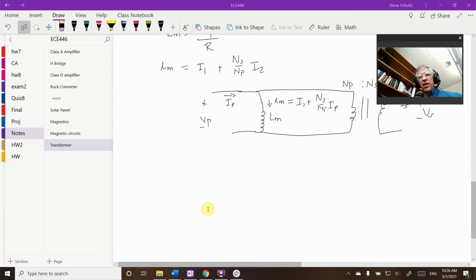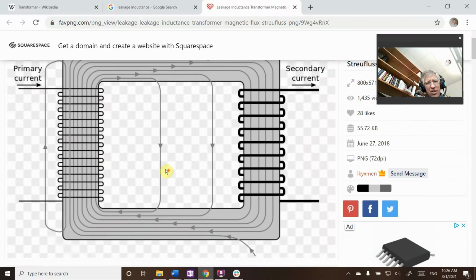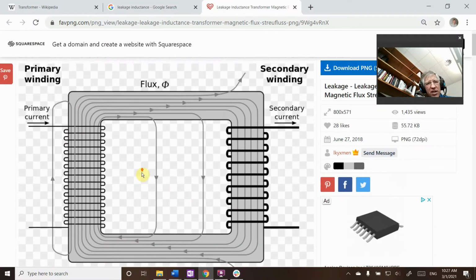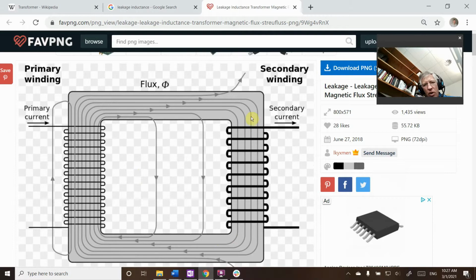Okay, so now we want to look at our next non-ideality, and this is called leakage inductance. So let's go find a picture. Here is a picture right here that talks about this leakage inductance. The goal is that this magnetic material holds all of the magnetic field inside.